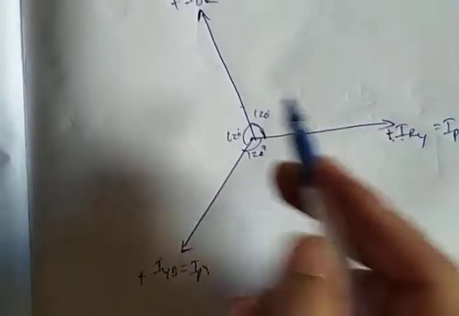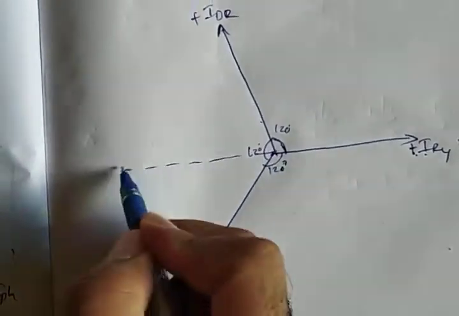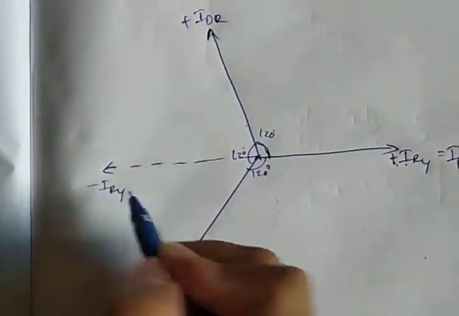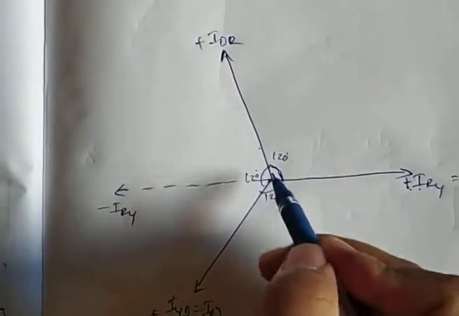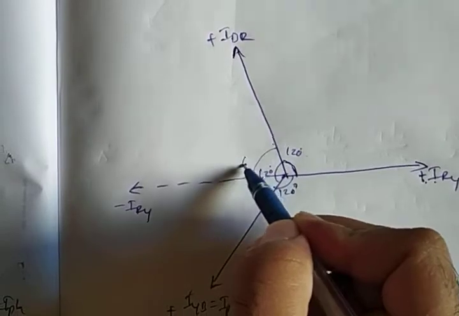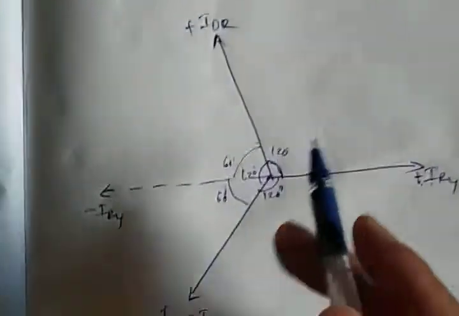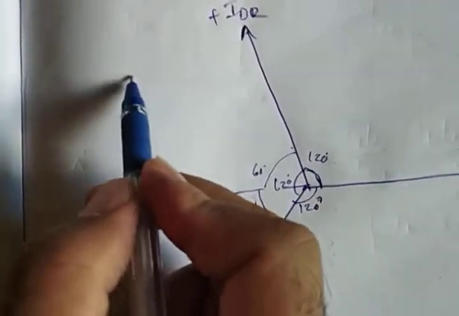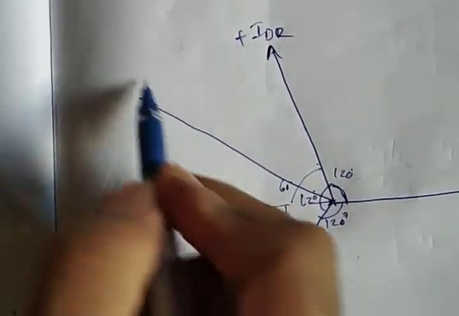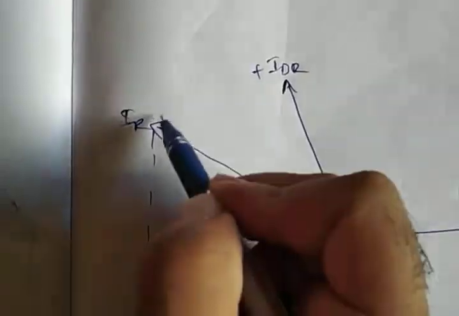Plus IRY is there, so opposite to this, you will get minus IRY. The angle between them will be 60 and this will be 60, and the resultant value will be IR. Now you can join this.